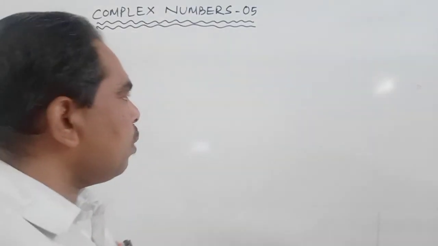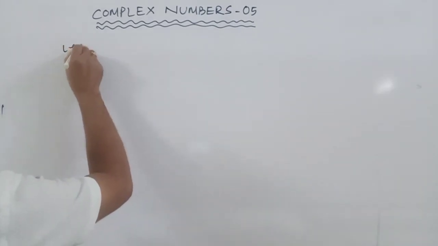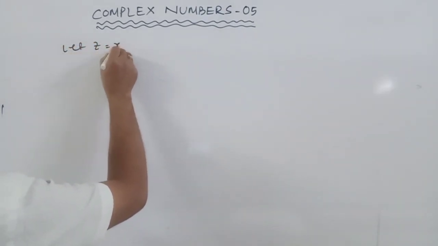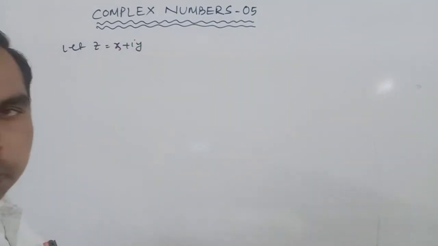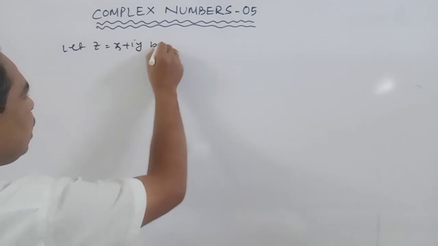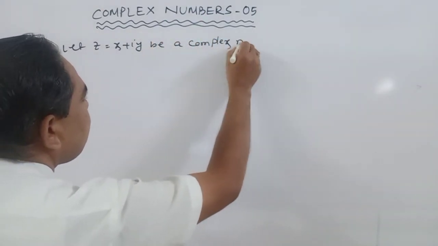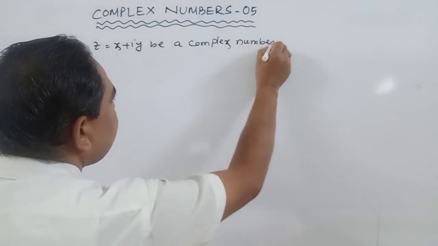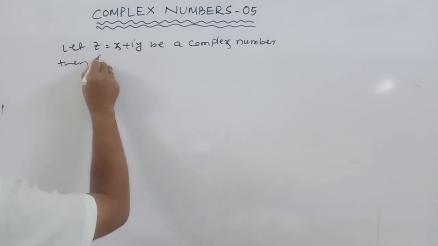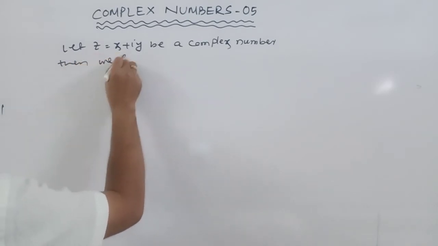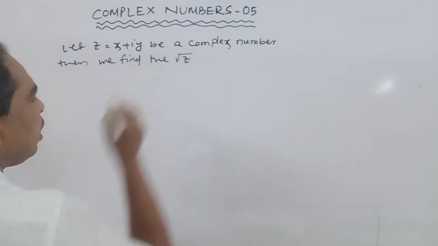The square root of a complex number: let z is equal to x plus iy be a complex number. Then we find the square root of z.